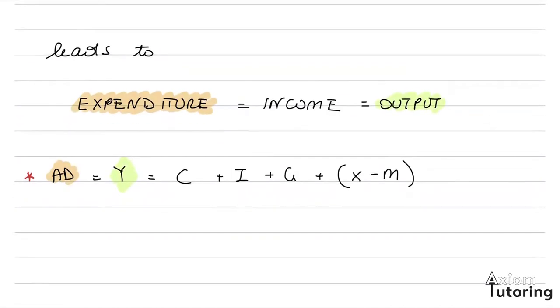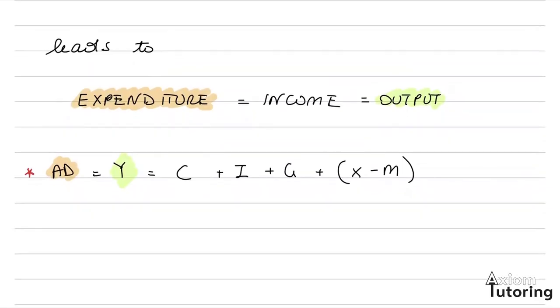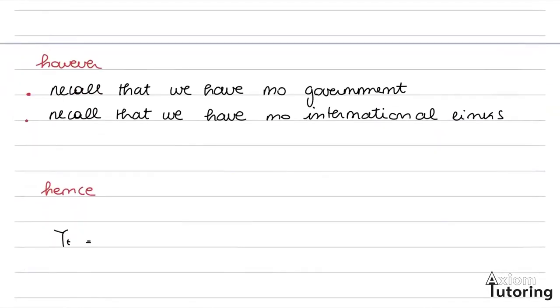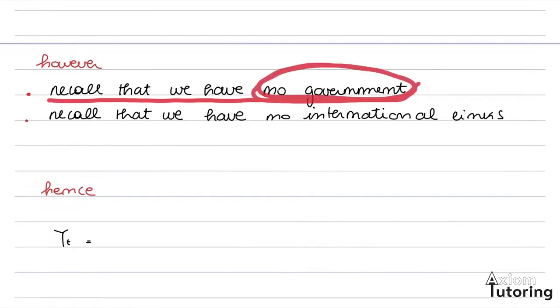Now, we can basically transfer this equation to defining output into our Solow growth model. We need to recall, however, two main points, two main assumptions that we made already in our previous video. First of all, we need to recall that we have no government intervention here.